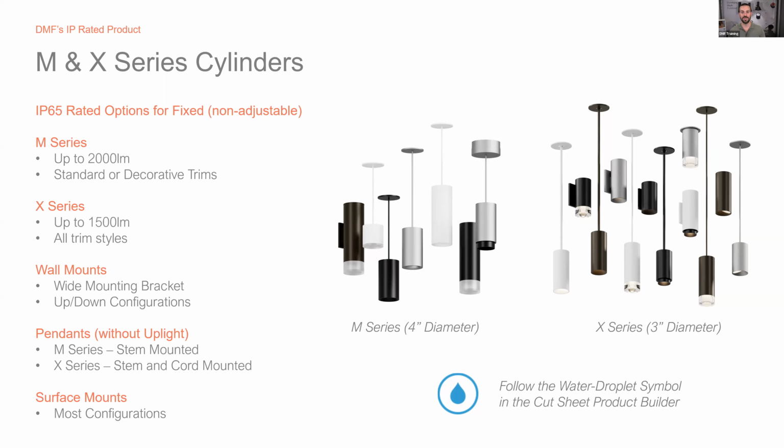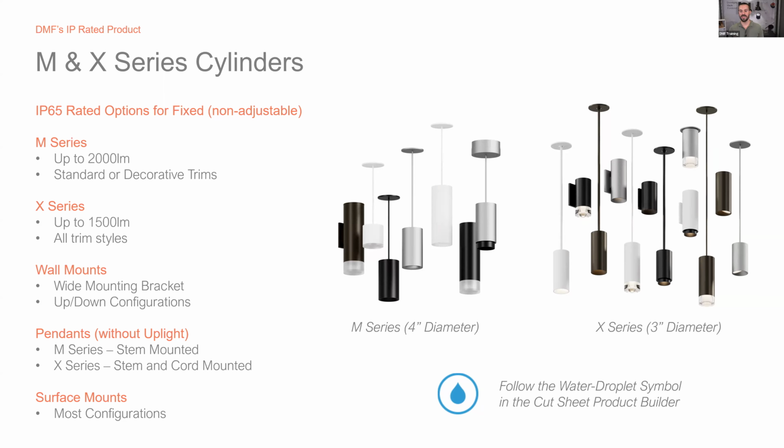The rest of our fixtures, we do not go under IP testing for anything that's a damp location. So our downlights, some of our other cylinders that are damp location, we have those listed as UL listed for damp location use, but we don't put those through IP testing. So anything that we refer to in the DMF catalog that is IP rated is at least IP65. In other words, for your outdoor uncovered applications and potentially splashing water jets and all that kind of stuff.